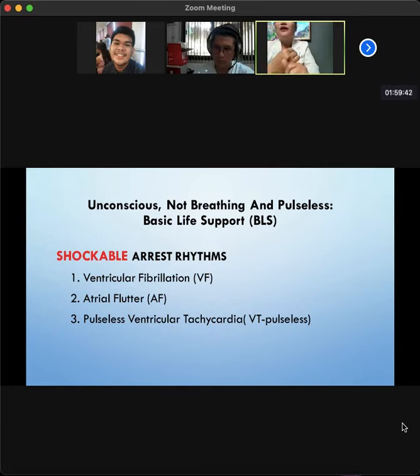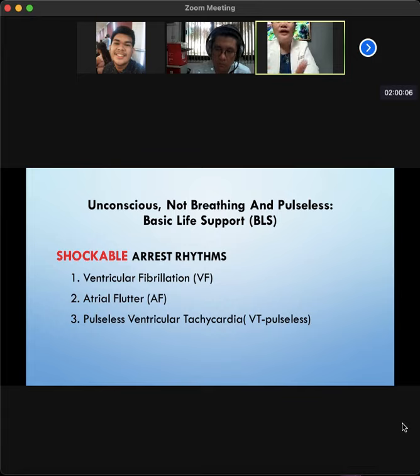Okay. If the rhythms are abnormal, then you have to identify it. Is it shockable or non-shockable? Okay? For shockable arrest rhythms, we have three. Three lang. Okay? We have ventricular fibrillation, atrial flutter, and then your pulseless ventricular tachycardia.